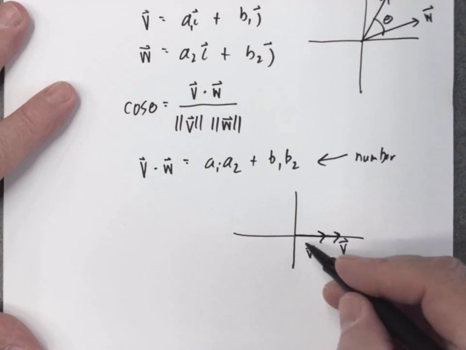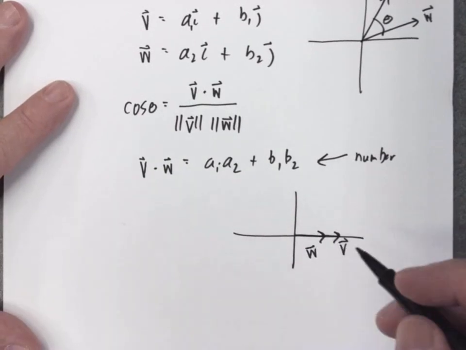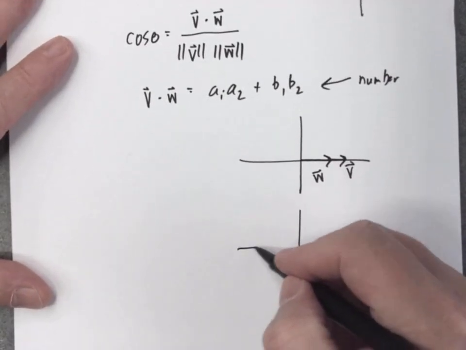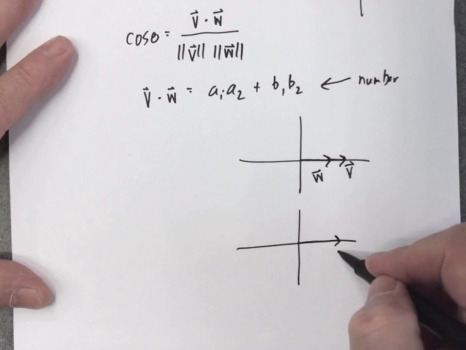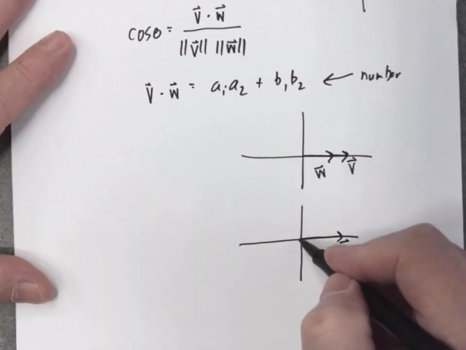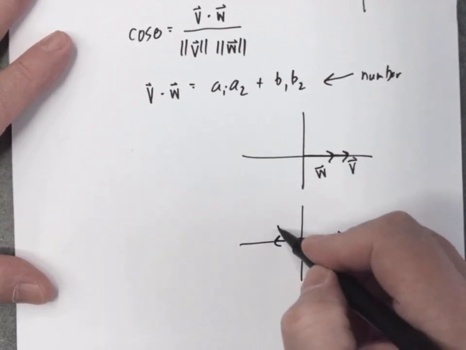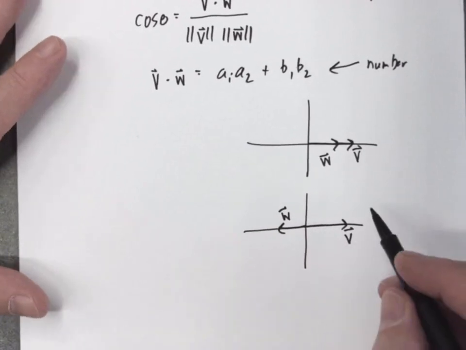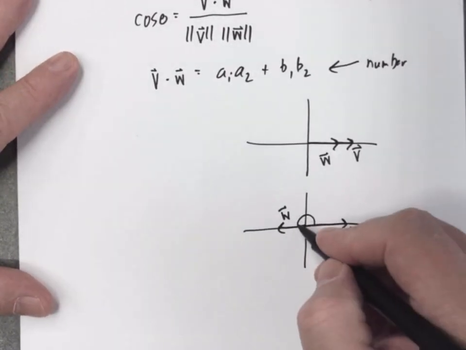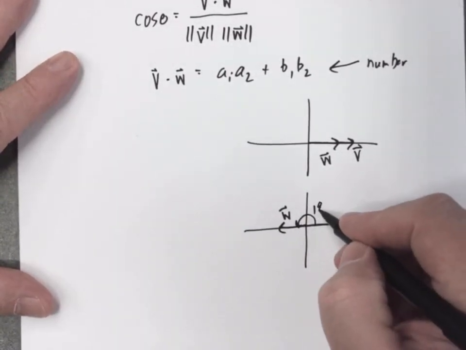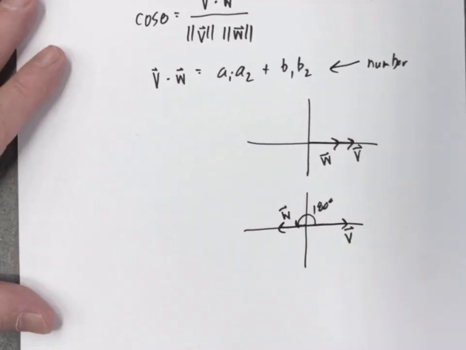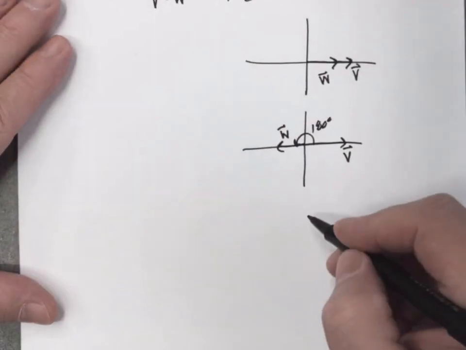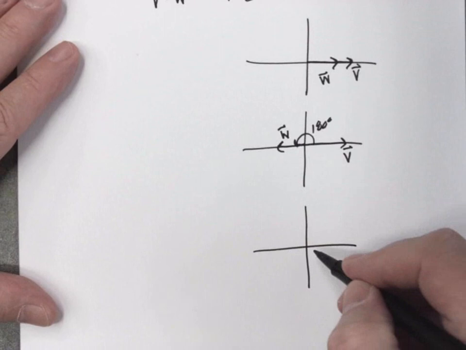So obviously that angle would be 0. But you could have vector v and vector w here. Now these are parallel, but the actual angle would be 180 degrees.